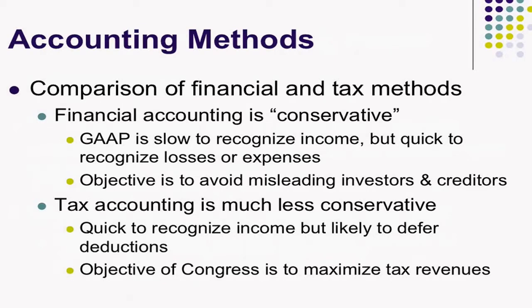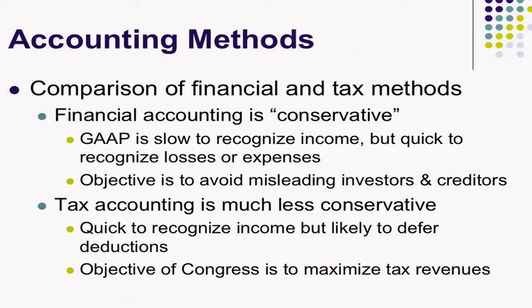Now that's financial accounting. Tax accounting is a whole lot different. With tax accounting, we're not as conservative. Those of us who dabble in tax accounting are quick to recognize income if we can, and we're likely to defer deductions. Why? Because we want to try and do things that are going to help us, tax-wise. So we might defer deductions and recognize income now with the hopes that we're going to pick up deductions later.